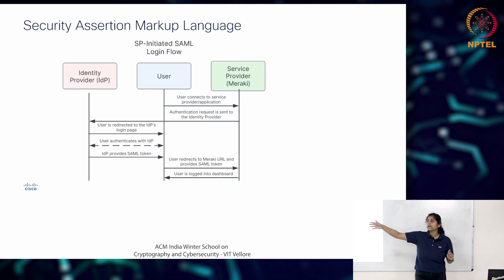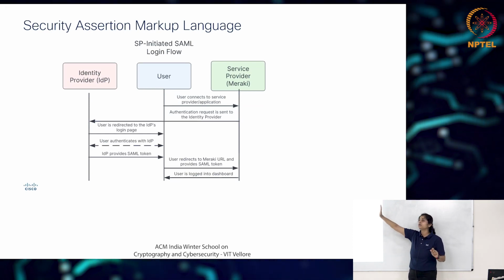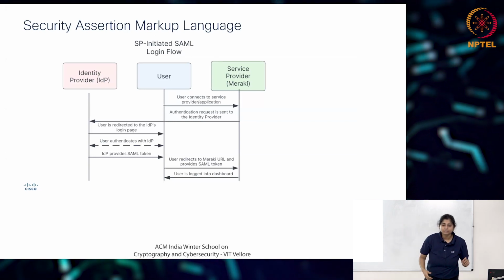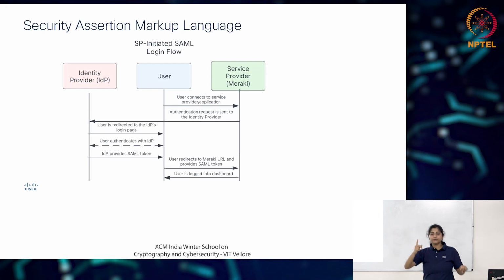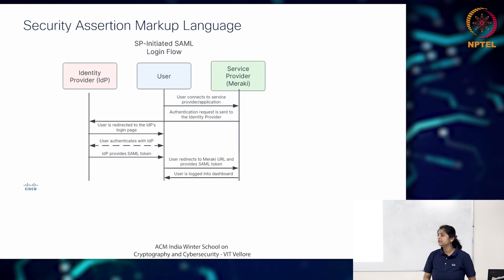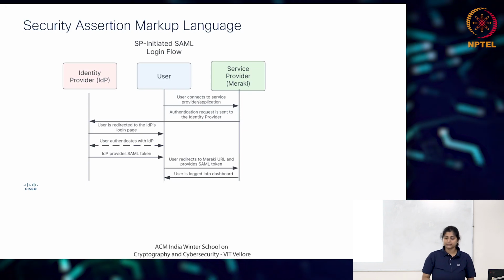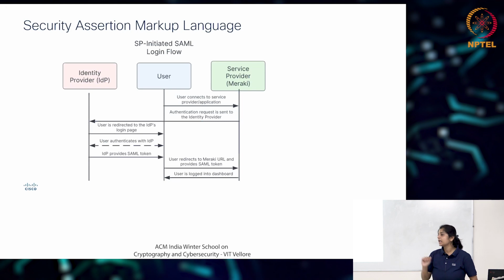Okay, as a user, when you come to the VIT Vellore homepage and you want to sign in, the request first goes from the user to the service provider, which is your VIT Vellore. Meraki is a Cisco product that is just used for the example, but the user connects to the service provider on an application.